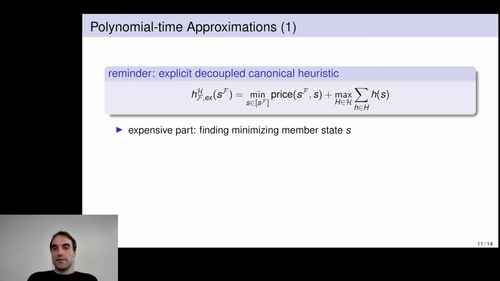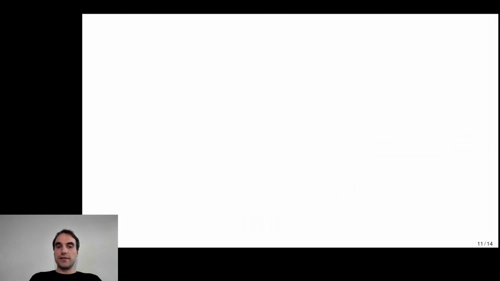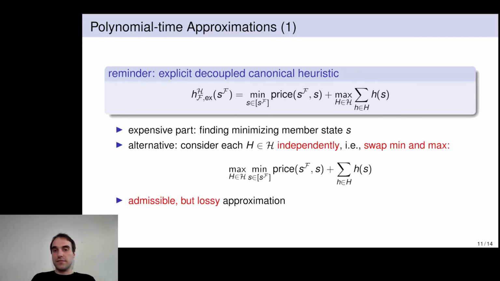And now if we assume that for some reason we know that we can do this independently for each additive subset, well, we can move the maximum operator out of the canonical heuristic in front of the minimum of the explicit decoupled heuristic. This is an admissible way of doing things, but it is still lossy because now we lose the interaction of different additive subsets.